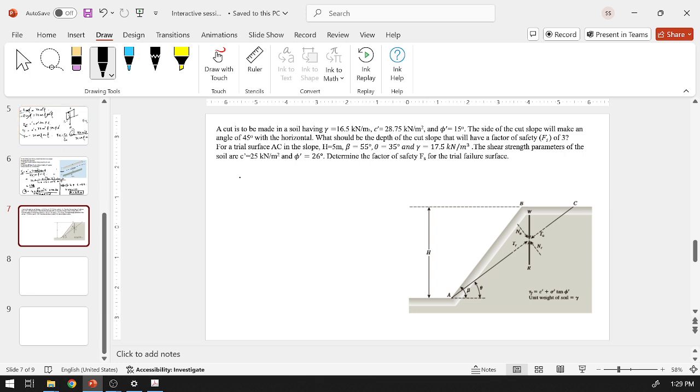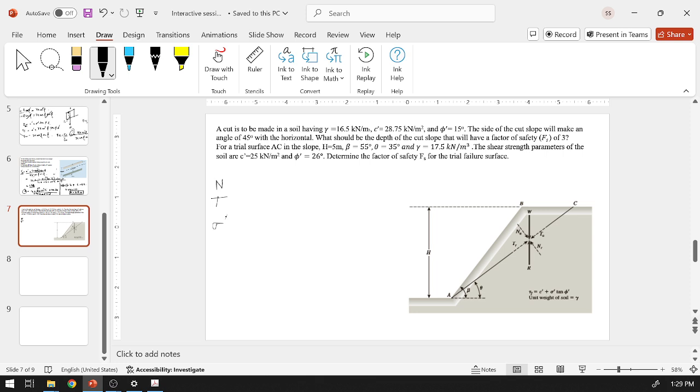Just like in the infinite slope, we calculated the normal component and the tangential component.